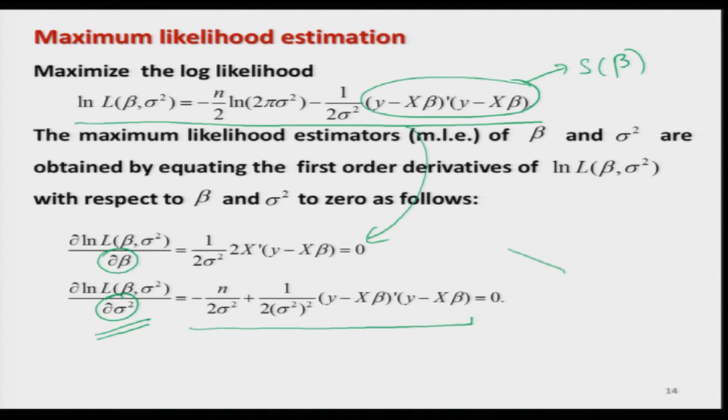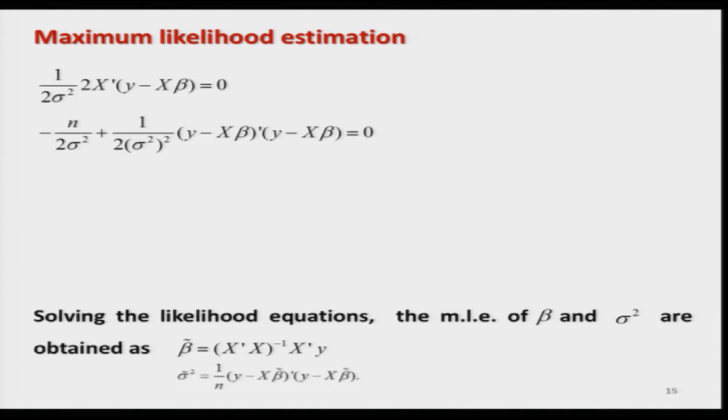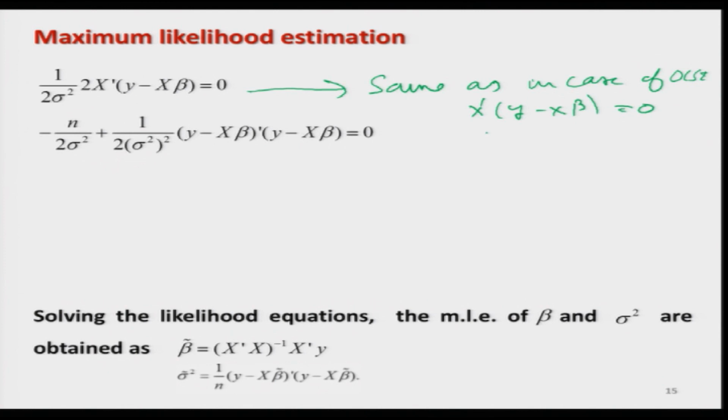Now if you put these two equations equal to 0, you get the normal equations, and using those normal equations we can obtain the result. So this is the same as in the case of the ordinary least squares estimator. You can see here, x transpose y minus x beta is equal to 0. So this becomes x transpose x beta equals x transpose y. So on both sides you pre-multiply by x transpose x whole inverse.